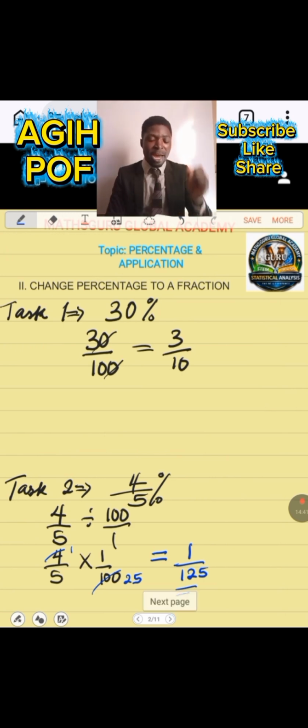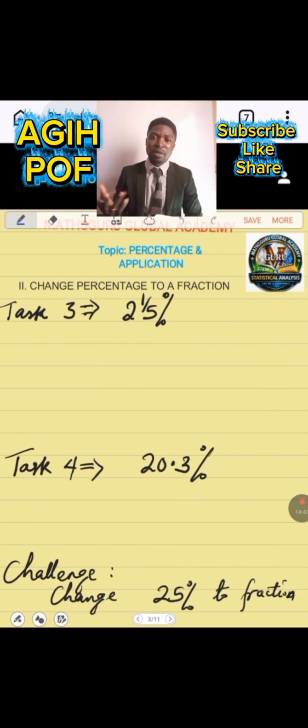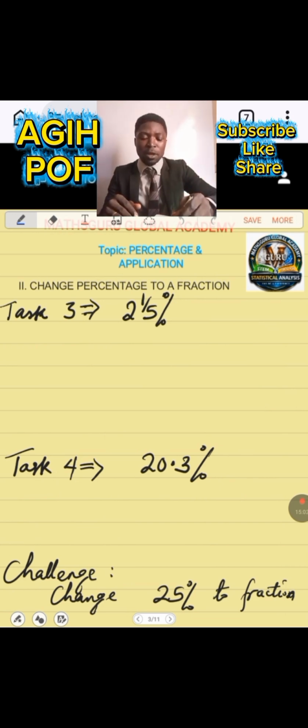Let's try another task. Task 3. The question is 2 whole number 1 over 5% to be converted to a fraction. Very simple. What we need to do is to convert this mixed fraction to an improper fraction. How do we do that? The whole number multiplied by the denominator, then add the numerator.